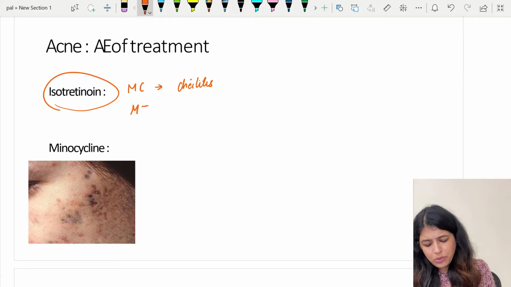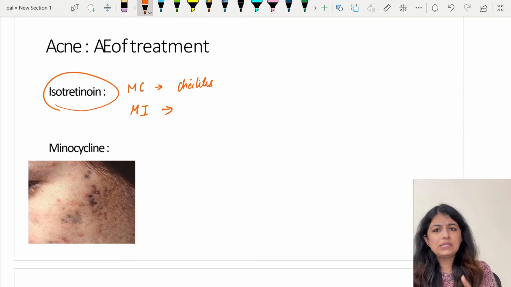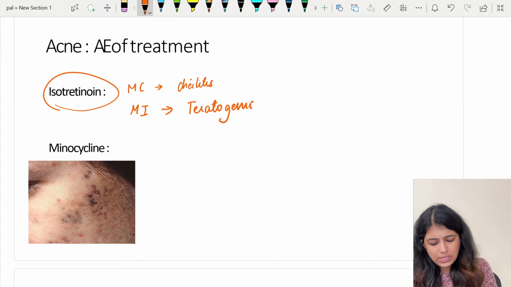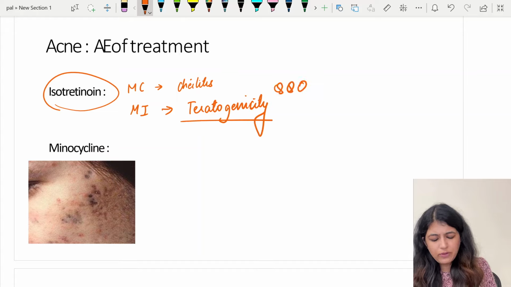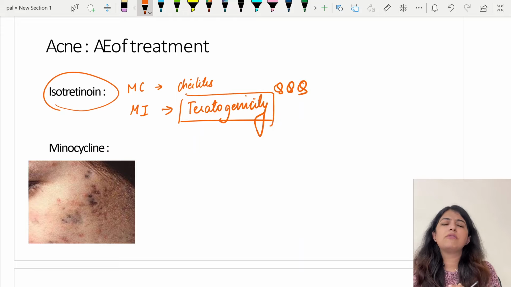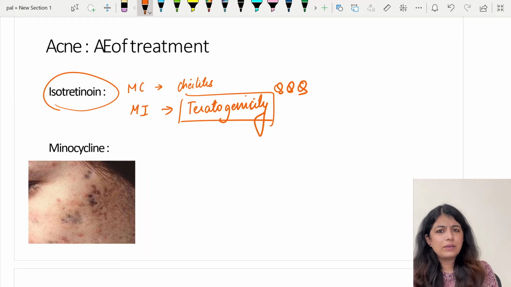But most important side effect asked twice in the last 3-4 exams. The most important side effect here is teratogenicity. So most important side effect of isotretinoin is teratogenicity, given always after doing a UPT, so negative UPT with double contraception. It is pregnancy category X.